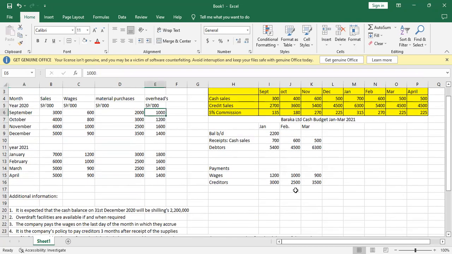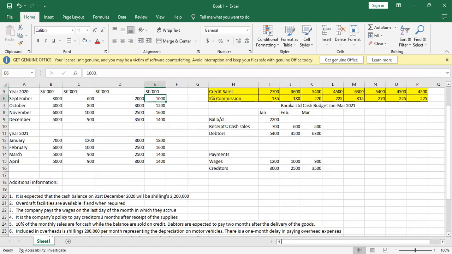There is a 1 month delay in paying the overheads, which means in January, we'll be paying the overheads that were due in December. But remember, there is a depreciation of 200, which is non-cash.